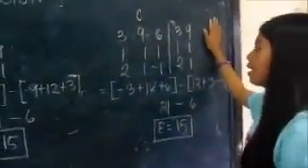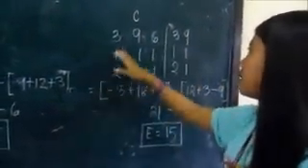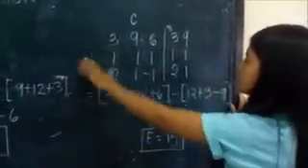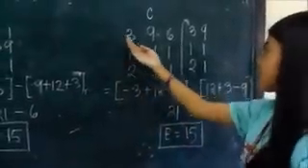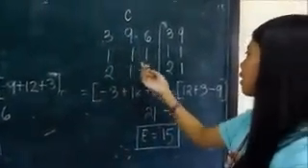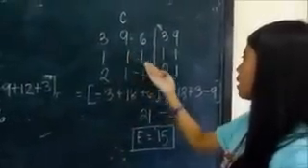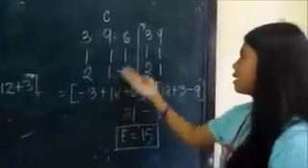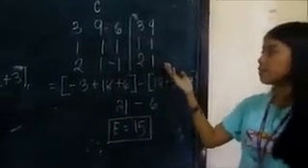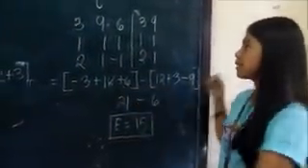Now let's go to the last step. Let's multiply the first diagonal. 3 times 1 times negative 1 is equal to negative 3. 9 times 1 times 2 is equal to 18. 6 times 1 times 1 is equal to 6.